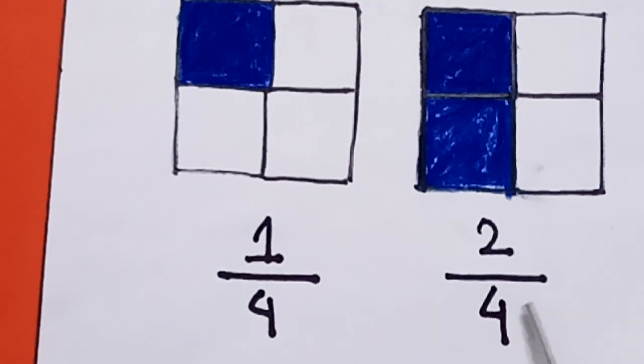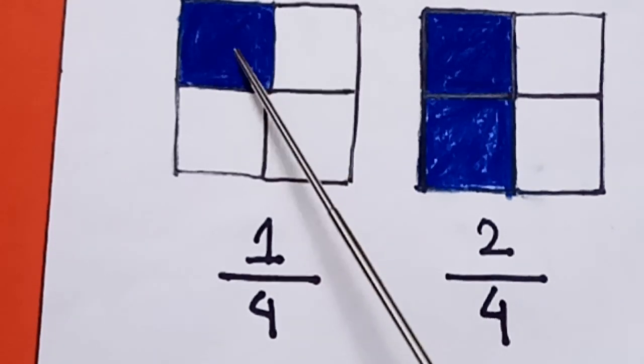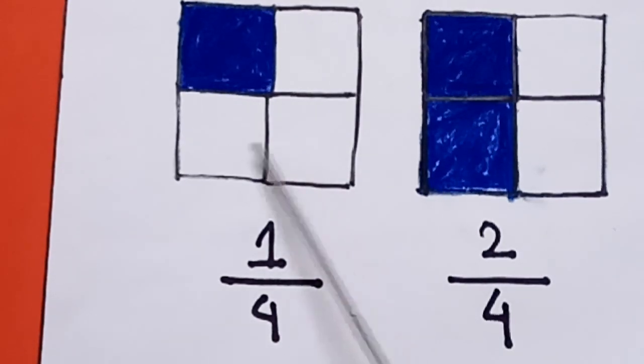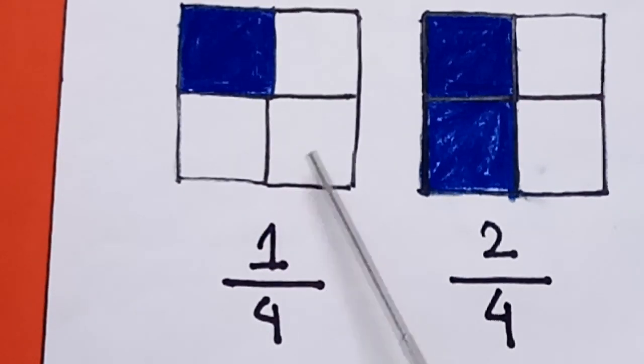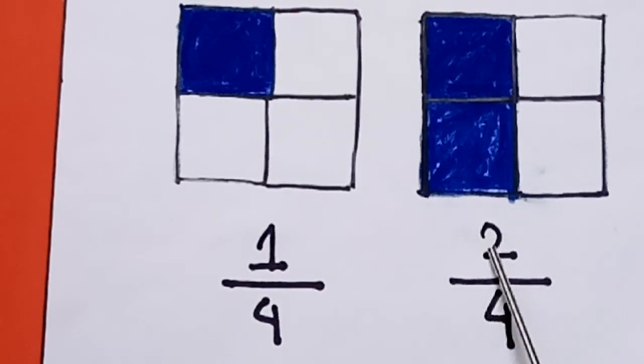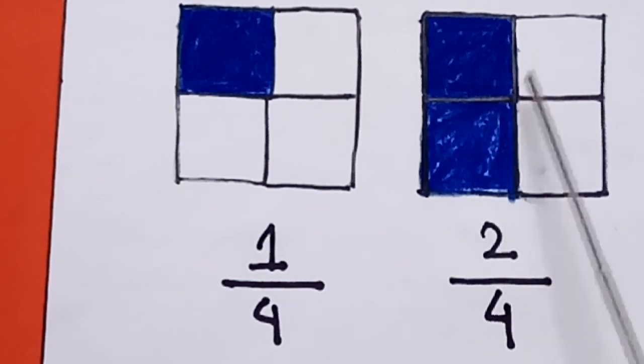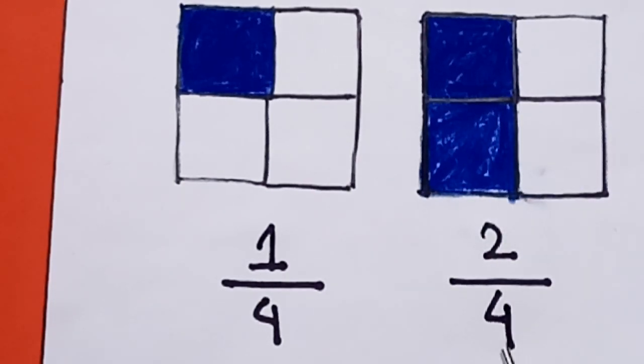In these two fractions, 1 represents the taken part is 1, and total divided parts is 4. Here the shaded part is 2, that's why numerator is 2, and total parts is 4, that's why denominator is 4.